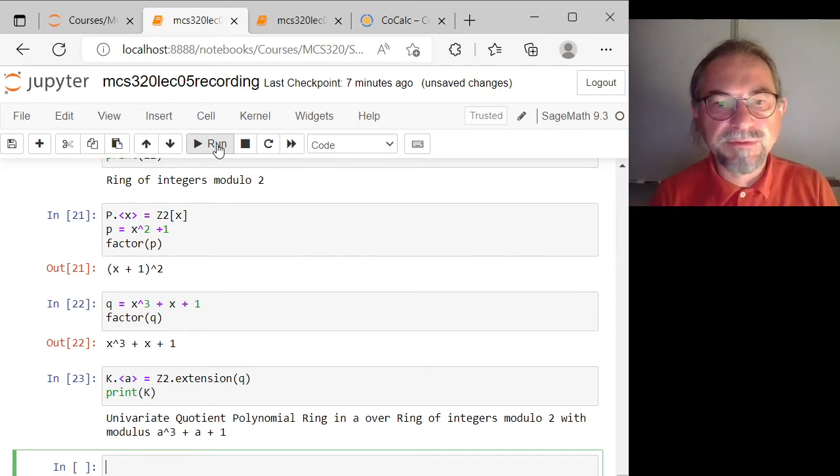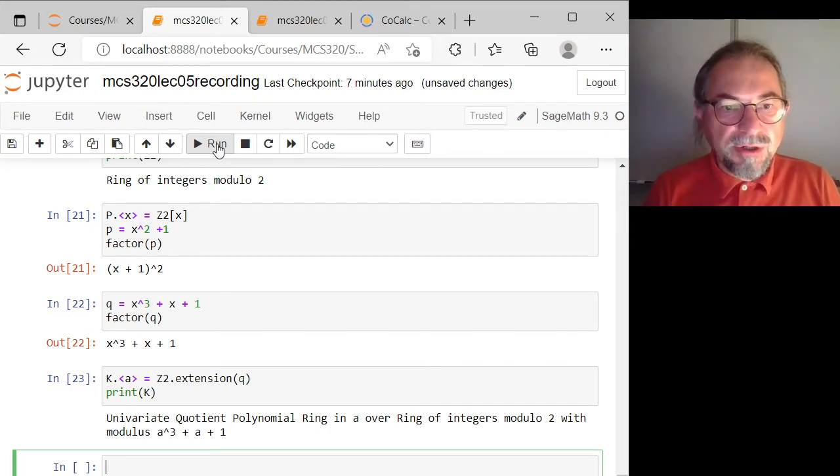So this gives me then the number field. So it's a finite field. I can ask that, so I can look at the list of all the numbers.